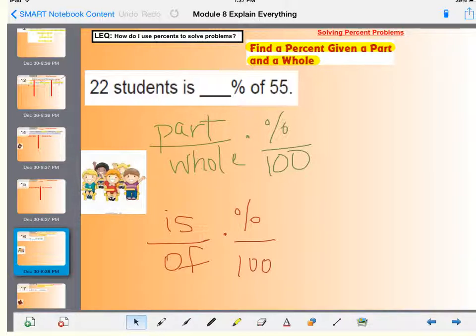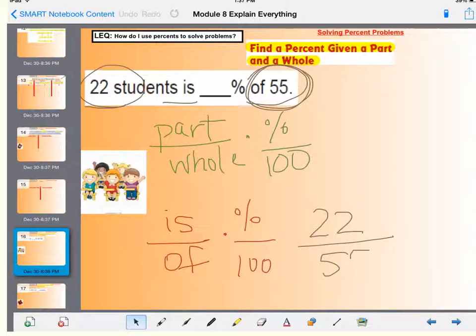So in this example, we have 22 students is, so again, we're going to just plug in information that's given. Percent of 55. Well, we do know the is, we know that 22 students is, so we're going to go ahead and plug that in. We do know the of, because they give us 55 as the total whole amount of students.